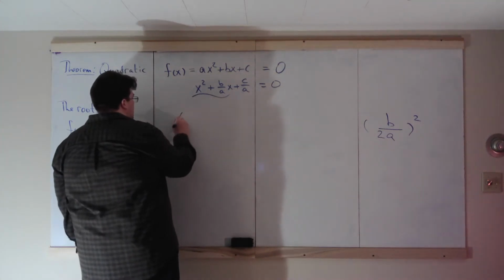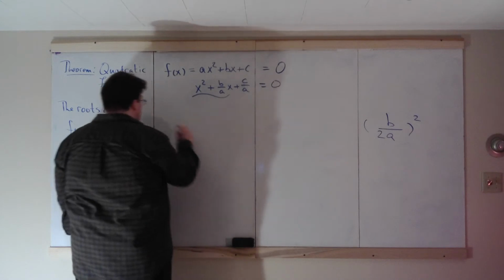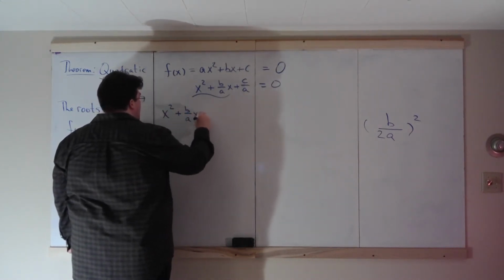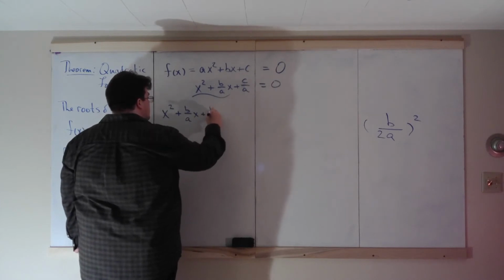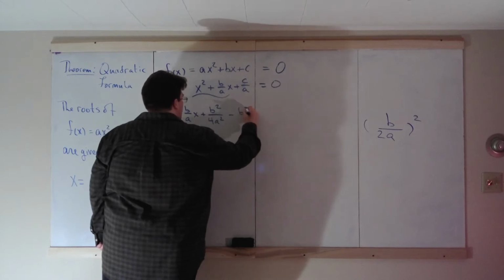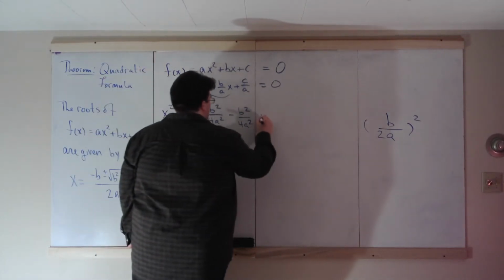So what do we get here? We get x squared plus b over a x. What's b over 2a squared? B squared over 4a squared. Remember, we can't change the function, so we want to also subtract that. And I guess I didn't fit that on this board.